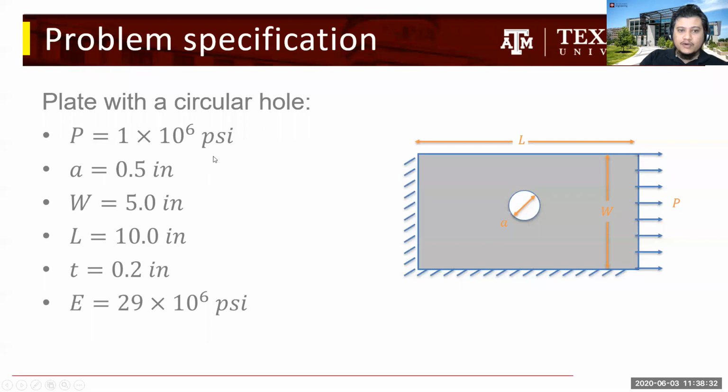We will be loading our plate by a distributed load of 1/10⁶ psi on the right hand side, whereas the left and the bottom sides will be constrained for zero displacement. In addition, the thickness of the plate is very small, roughly 0.2 inches. And the Young's modulus is 29×10⁶ psi for the material with which the plate is made.